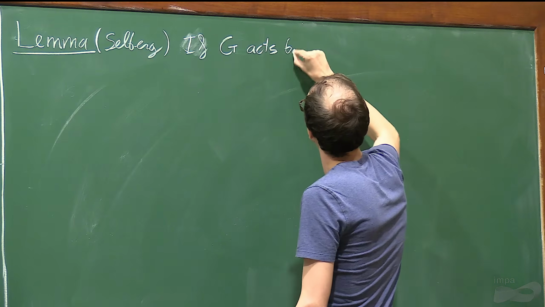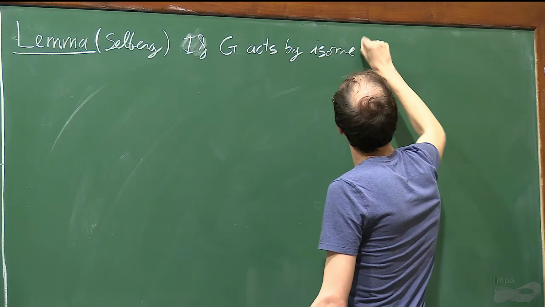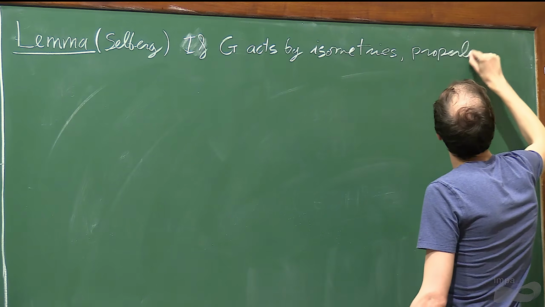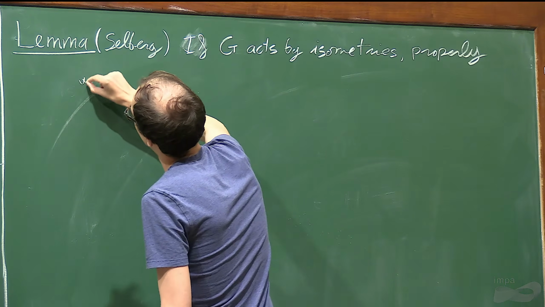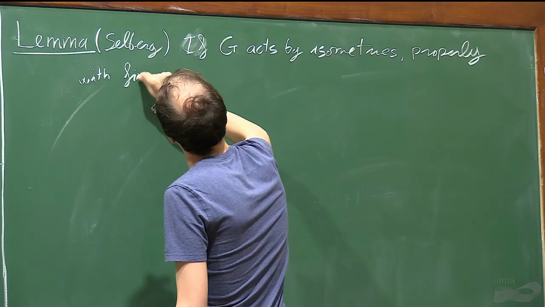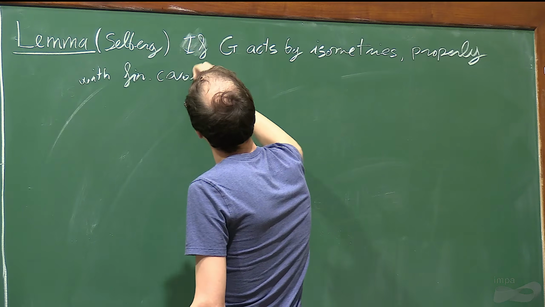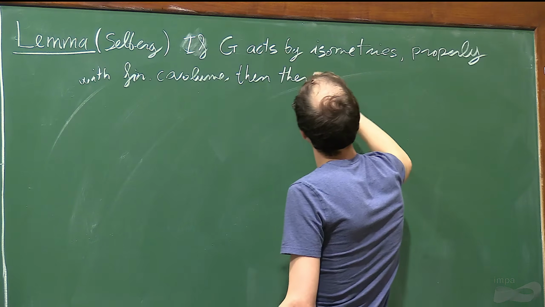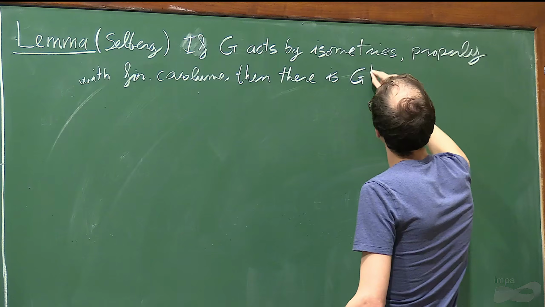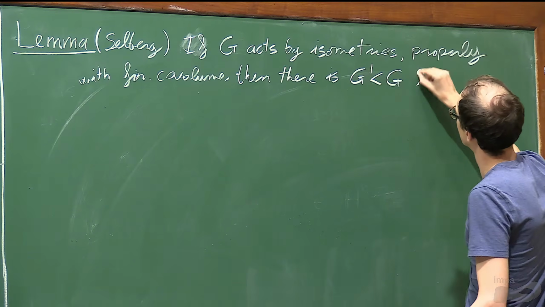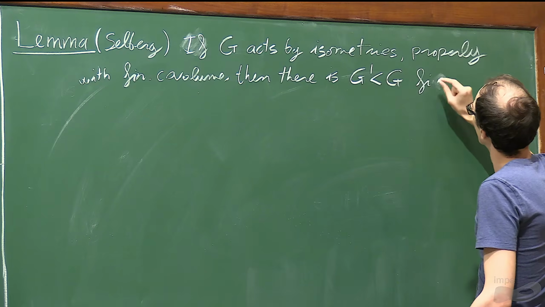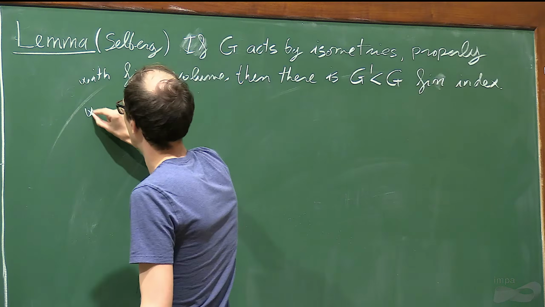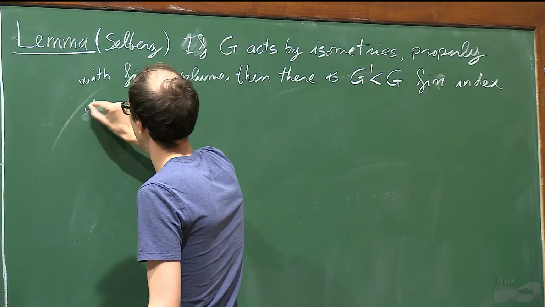So in other words, if G acts by isometries properly on H^n, and let's add the finite covolume, then there is a subgroup of finite index that acts freely.